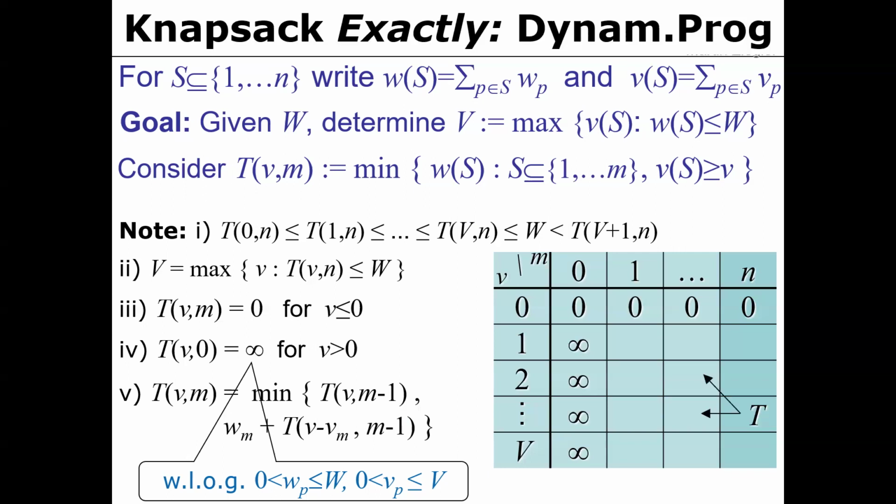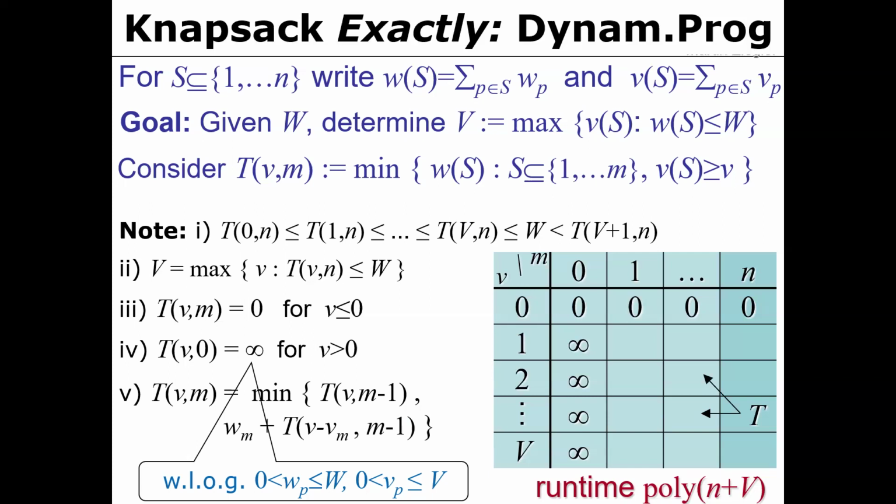The running time is basically the size of the table, polynomial in n, the number of columns, and in V, the number of rows. And we stop when we have reached the row where the weight, capital T, the entry here, just exceeds our weight bound capital W.